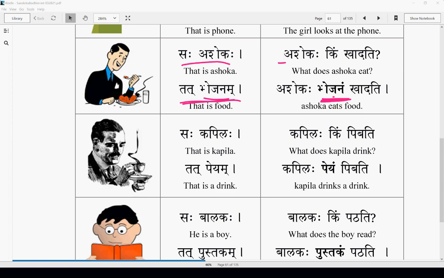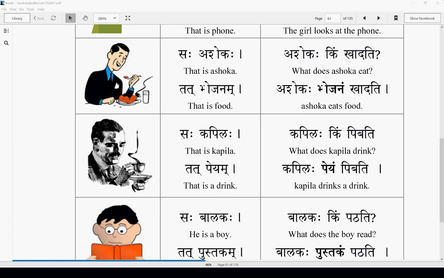Now, the additional question is Ashokaha kim khadati? What is he eating? Ashokaha bhojanam khadati. So here, this is a Dvitiya Vibhakti. Note that for Napumsakalinga words, the Prathama Vibhakti and Dvitiya Vibhakti forms are the same.